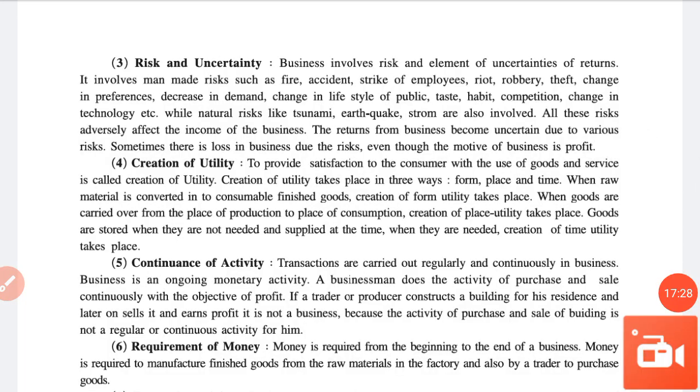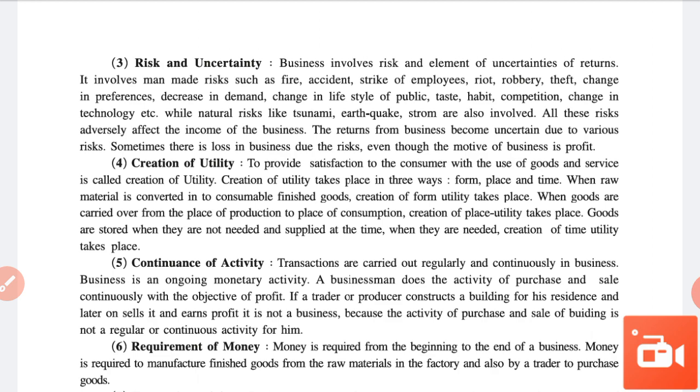Third one, risk and uncertainty. It remains in economic activity. Business involves risk. How? If there is a profit, then no risk. But in business activity, loss may be there. So, if loss is incurred, then it is called risk.